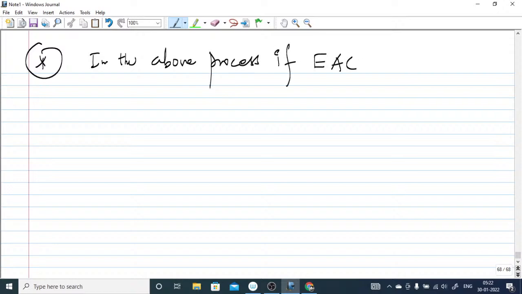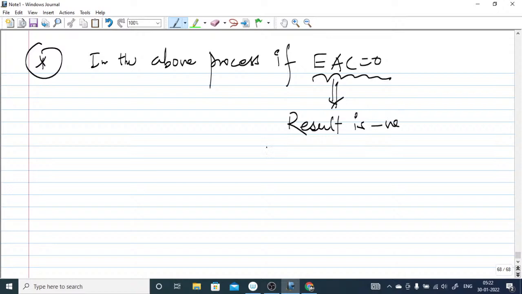Let us go ahead, right? In the above process, suppose if EAC, the end around carry, is equal to 0, right? If EAC is 0, what is the meaning of this? If EAC is 0, it means that the result is negative, okay?